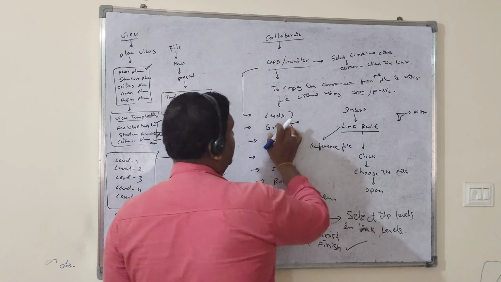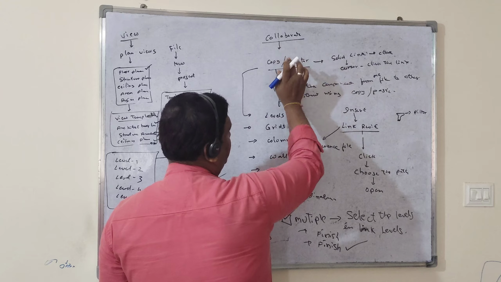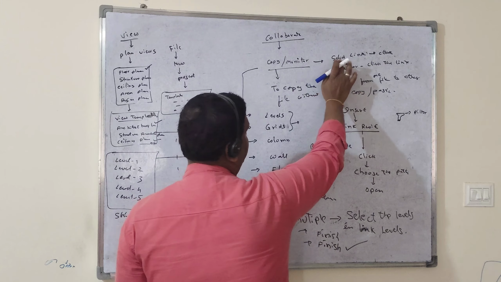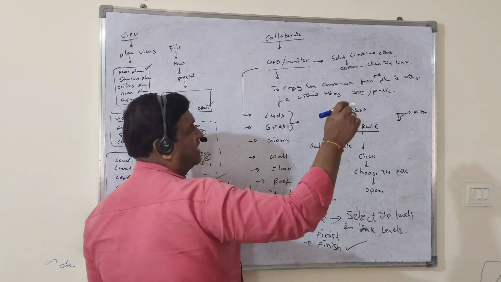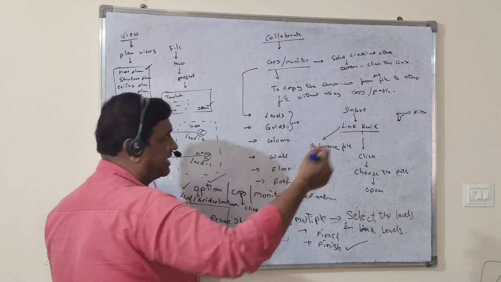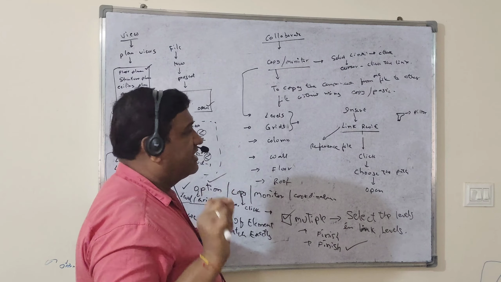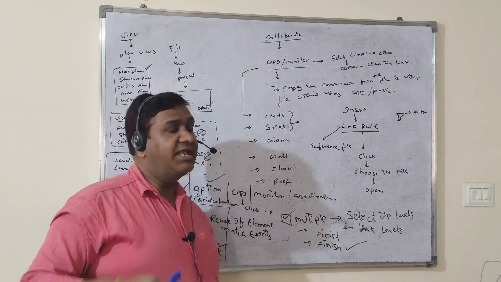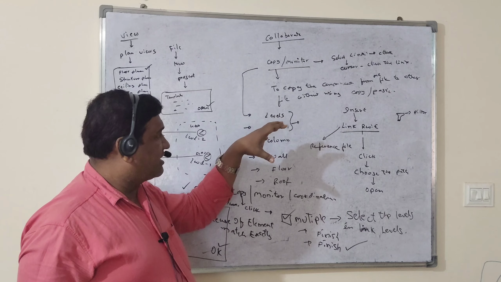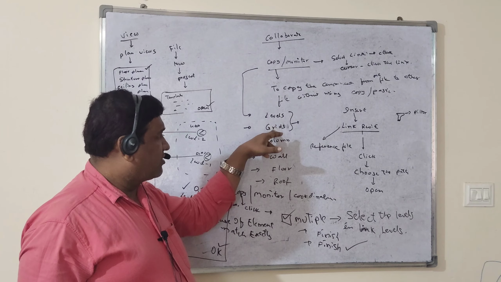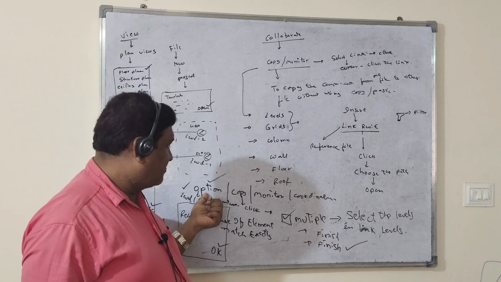Again you have to go to Collaborate, Copy Monitor, select link, you just click the link. After clicking the link, you come with the cursor and select the reference file, the file you have linked. After clicking that link, automatically this options menu will appear.